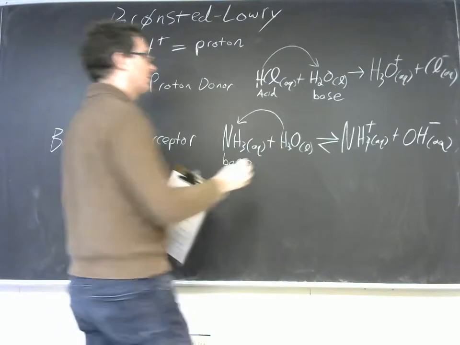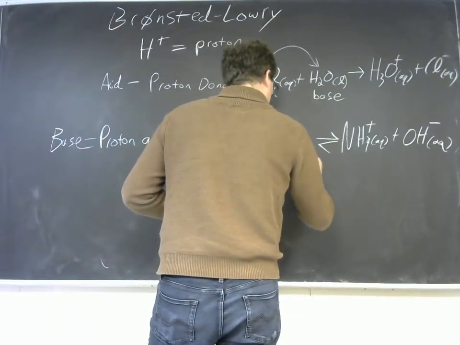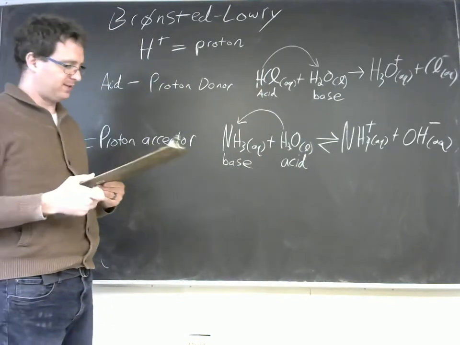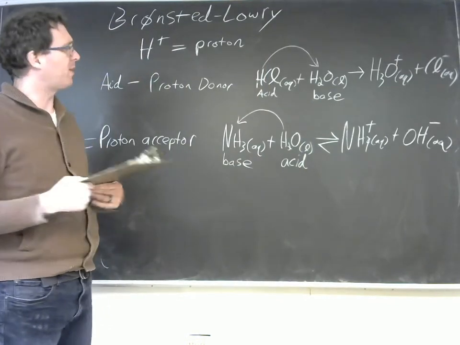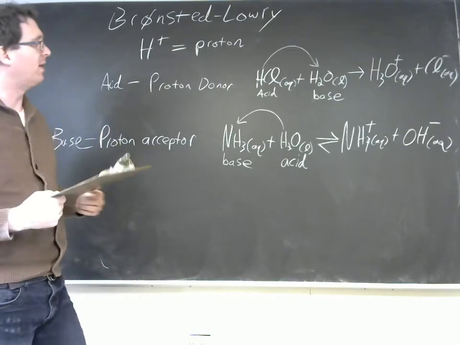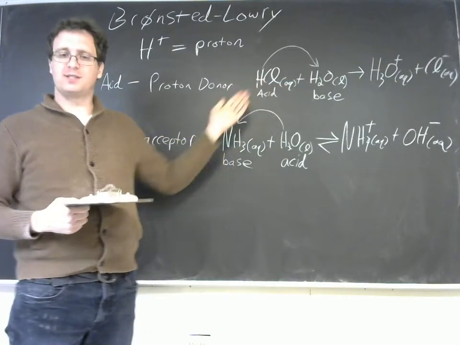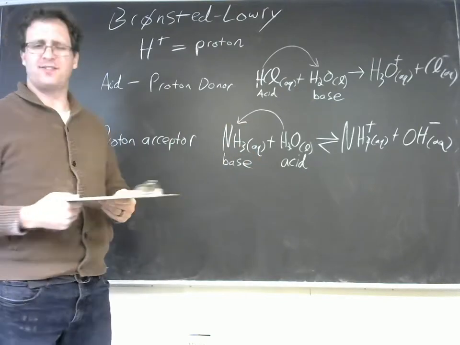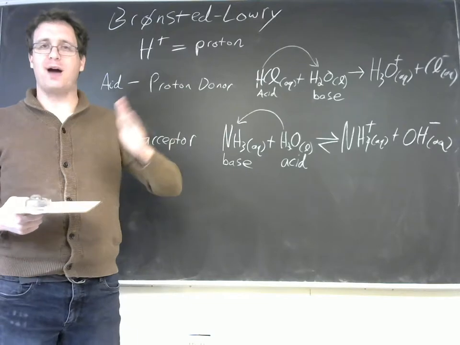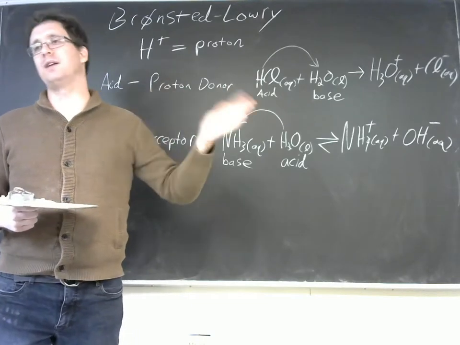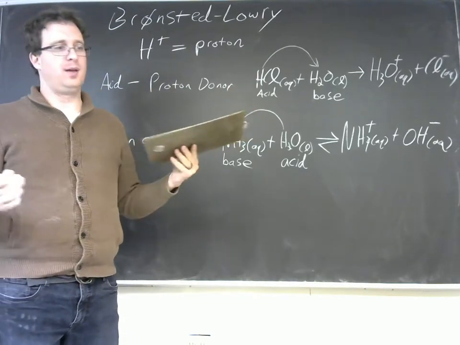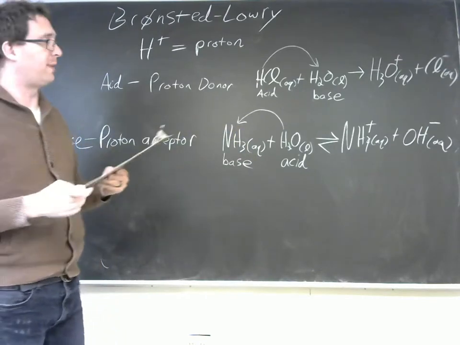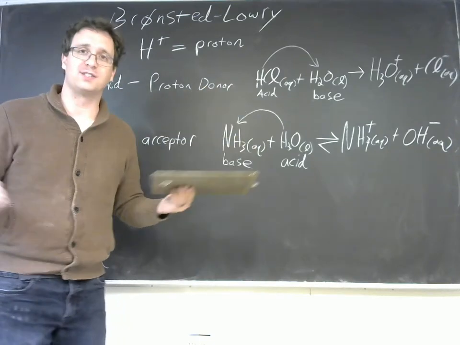And so in this case, water is acting as an acid. We'll talk a little bit more about water later, but I just want to point out that water can act as either a base or an acid depending on the context of its reaction partner. And it's the fact that water is sort of perfectly balanced between acids and bases that makes water behave in the way that it does. That's what makes water be what we define as neutral.